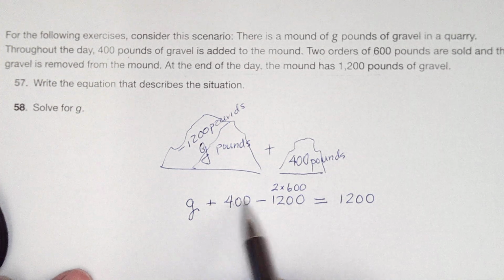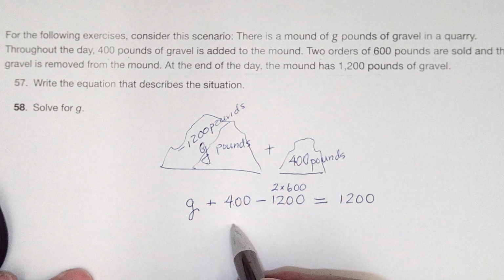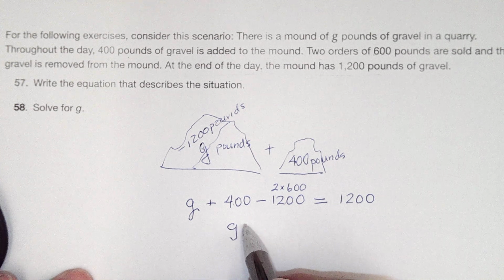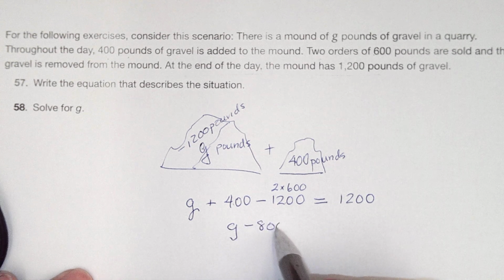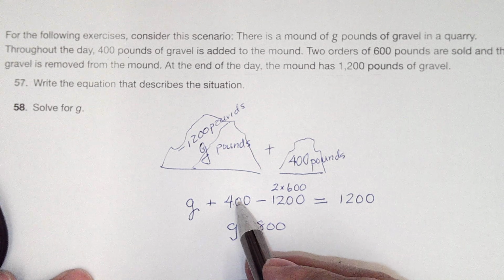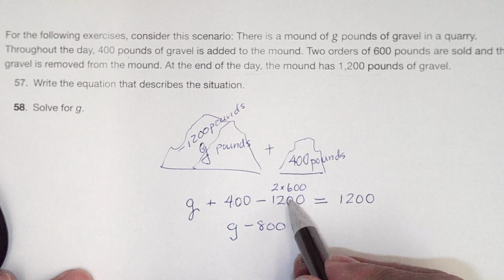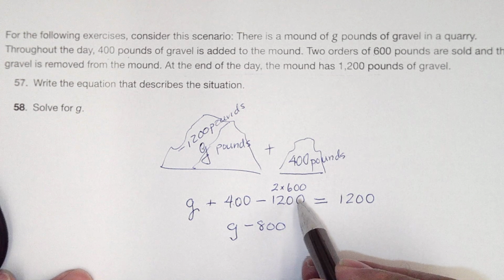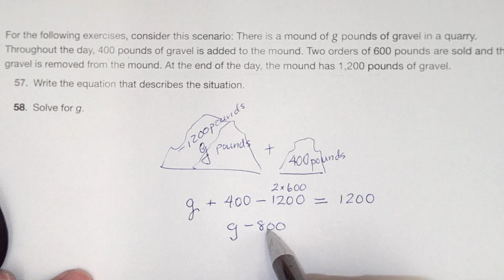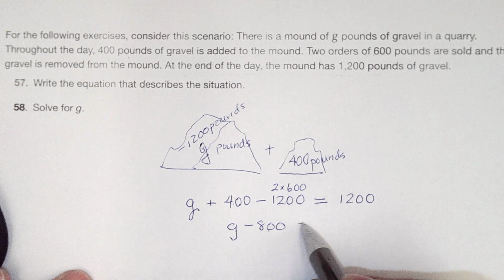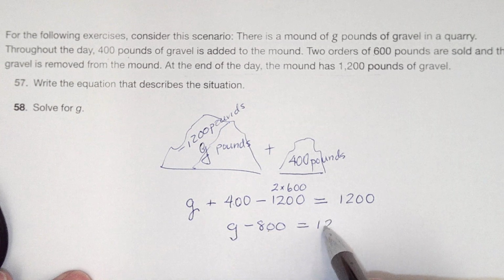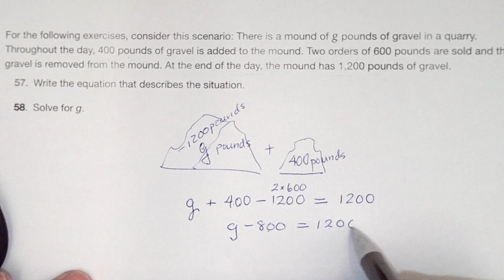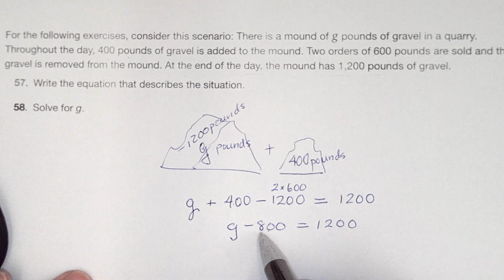So 400 minus 1,200 is 800 taken away. There was 400 added and 1,200 taken away. So there's a net of 800 taken away from the original pile. And that left a pile of 1,200 pounds.